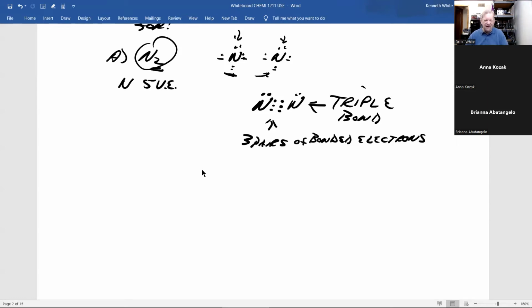While we're talking about air, let's do another one. The 20%, which is quite important, is oxygen gas, O2.